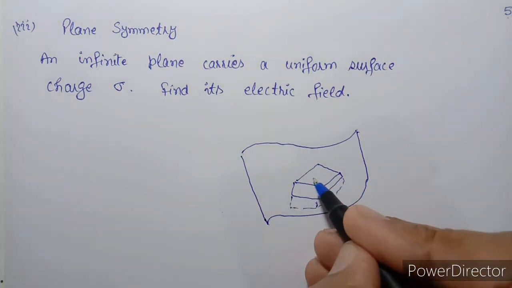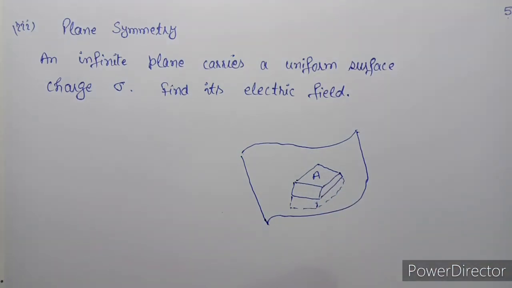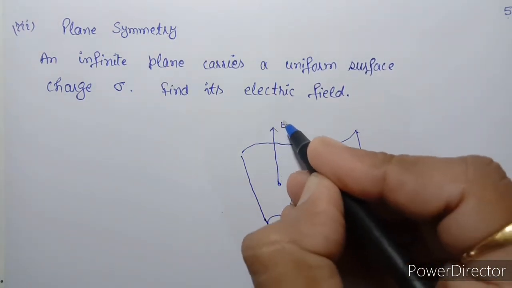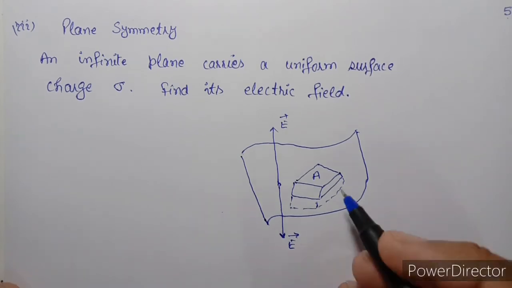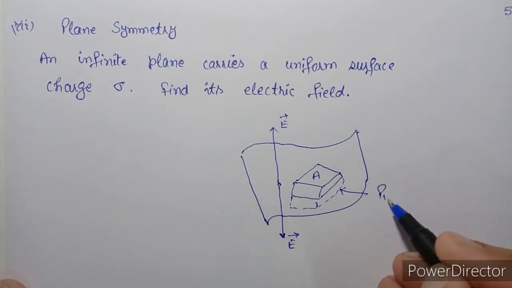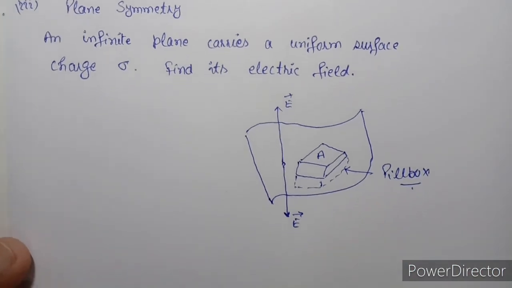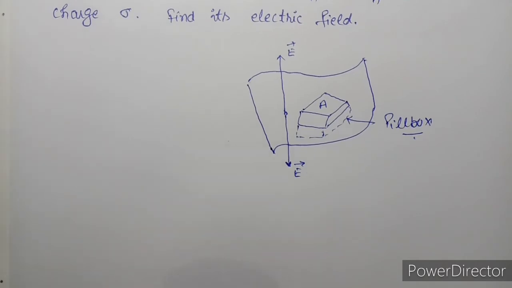As we discussed, A is the area of the top surface, and similarly A is the area of the bottom surface. By symmetry, the direction of the electric field is upward and downward. This is a Gaussian pillbox, so again we apply Gauss's law.